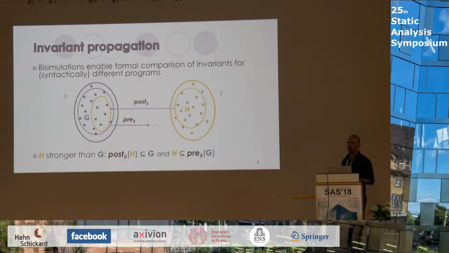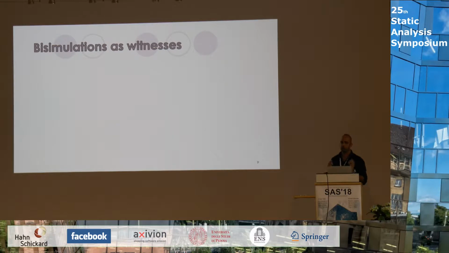The real reason why we use bisimulations lies in the fact that they are witnesses to correctness of program transformations. So if you go back to our example with the if-then-else branch, an excerpt of the bisimulation witnessing their observational equivalence is as follows. We're going to say that the state after the first command in the target program is matched with the state after the first command in the source program if and only if x and x prime are 0.